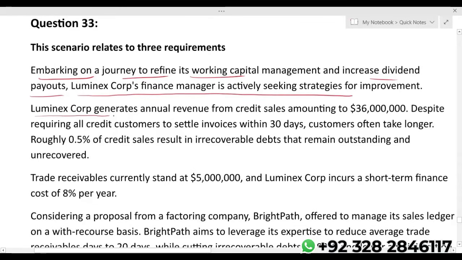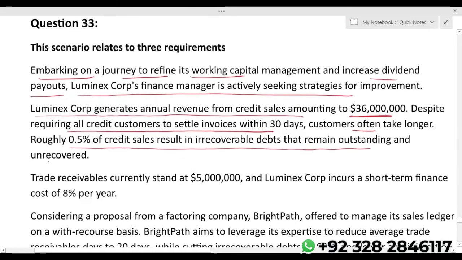Luminex Corporation generates annual revenue from credit sales amounting to 36 million. Credit sale is 36 million. Despite requiring all credit customers to settle invoices within 30 days, customers often take longer. Roughly 0.5% of credit sale results in irrecoverable debts remaining outstanding.